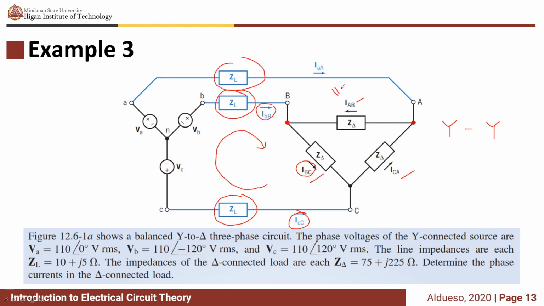So if we have VAB, IAB is equivalent to VAB over Z delta.